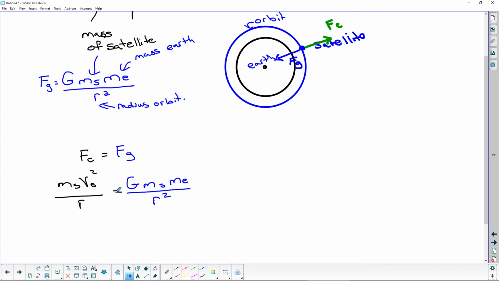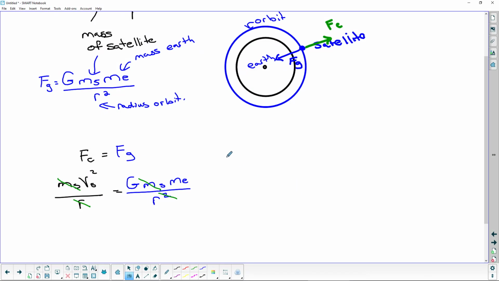That tells you that the mass of the satellite has nothing to do with its orbital velocity at all. We have one radius on the left and two radiuses on the right, so we cancel the one radius, and we're still left with one r, so we just cancel the square.